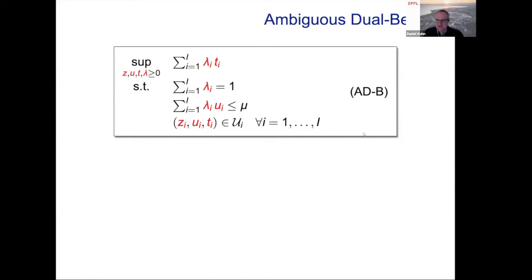To this end, we introduce again the auxiliary uncertain parameters ui and ti to replace h of xi and gi of zi, respectively, and we introduce again the augmented uncertainty set capital Ui for the uncertain parameters Zi, Ui, and Ti. With these changes, the finite reduction becomes indeed an instance of the dual-best problem studied earlier. So in the following, I refer to it as the ambiguous dual-best problem, ADB.